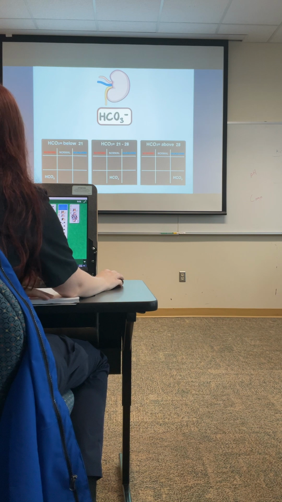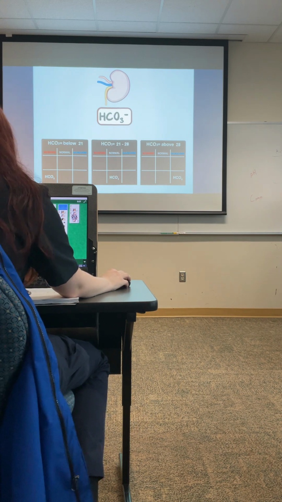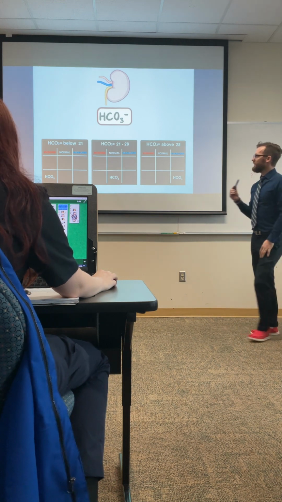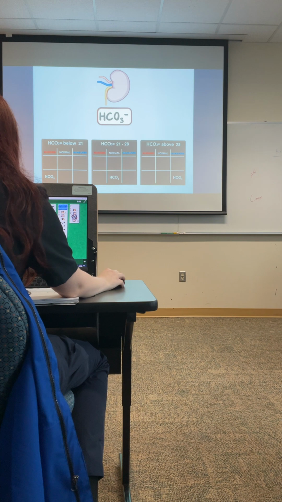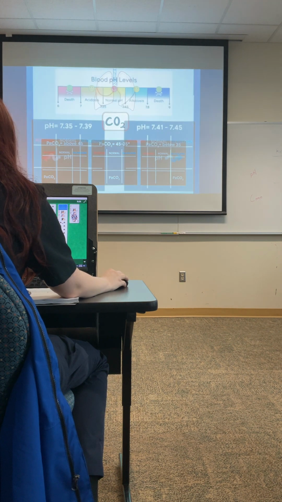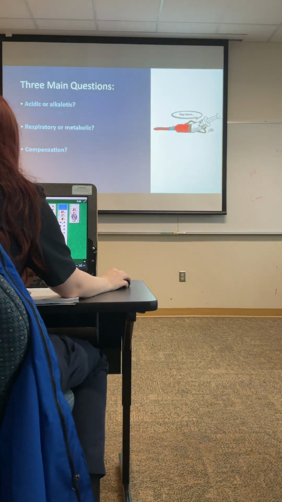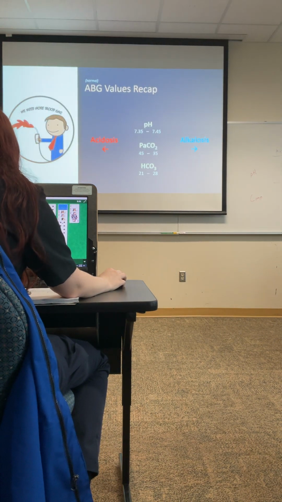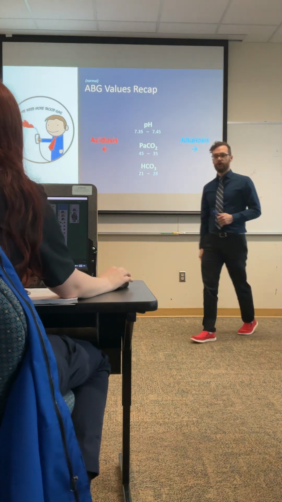The point I'm making, so let me give you all a test. You might end up drawing this several times to play along, but let me give you a set of numbers. Your patient has a pH of 7.1.